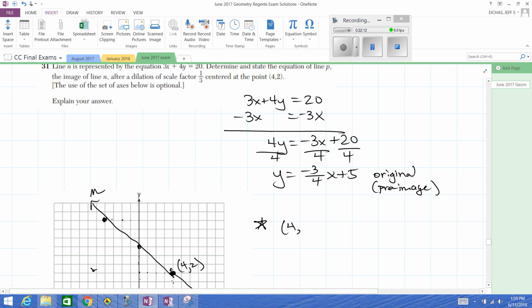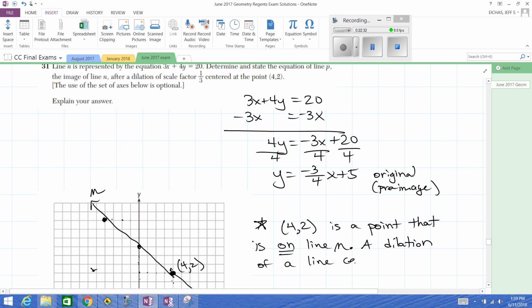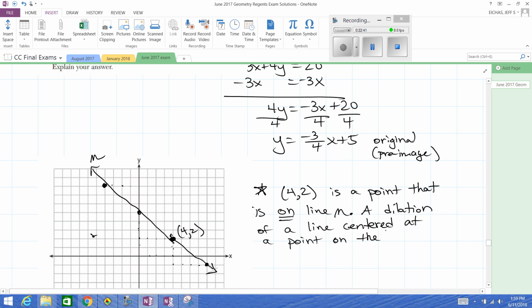The point 4, 2 is a point that is on line N. A dilation of a line centered at a point on the line gives us an image that is the same line.